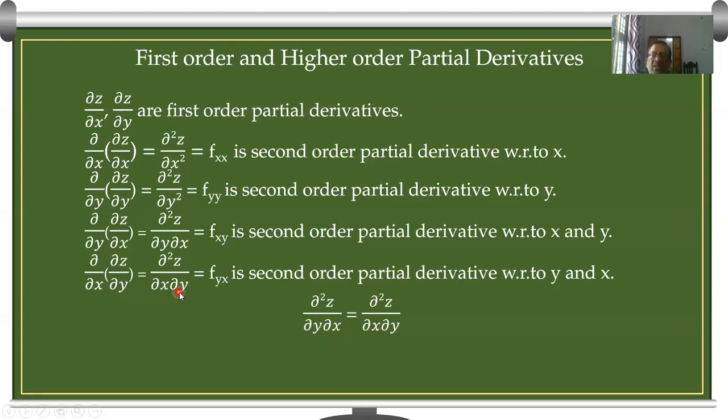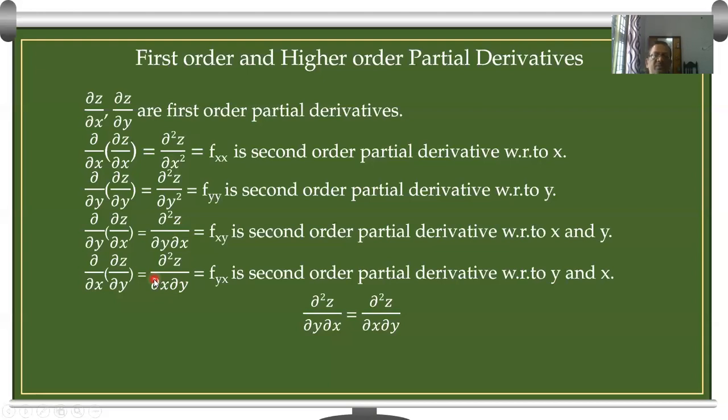First we operate with respect to y, after that x. In almost all cases, both mixed values are the same. These are the second order partial derivatives. Now let us start the class.